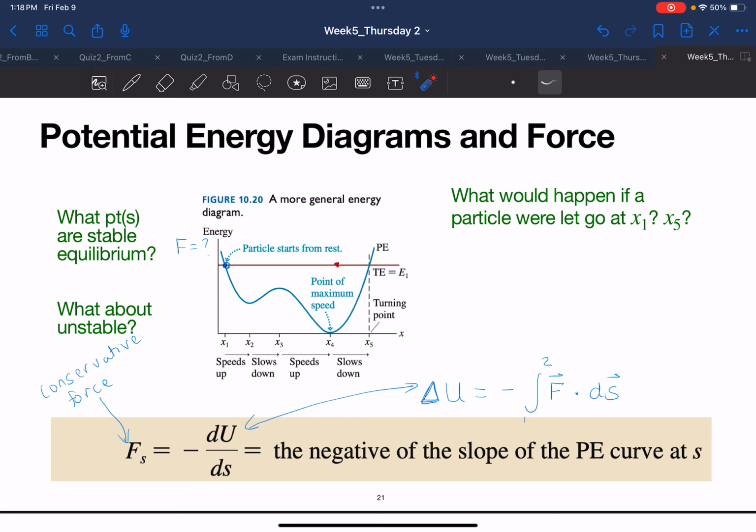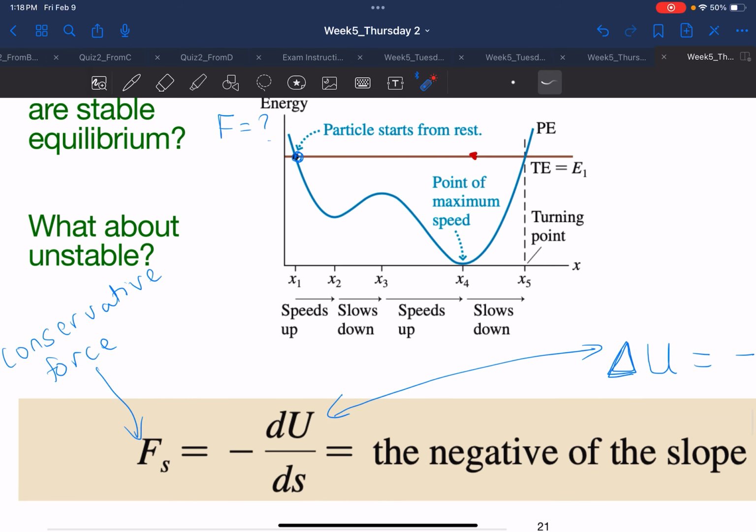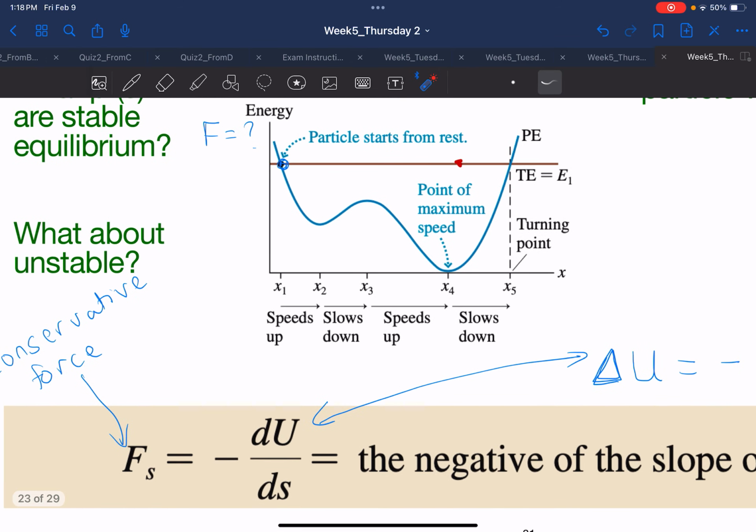Well, first, to calculate what the force looks like, we need to take the derivative of U, which is the potential energy, with respect to whatever spatial coordinate. So dU/ds, in this case, the spatial coordinate is x. Well, that's basically the slope of this function at this point. So F is equal to minus dU/ds.